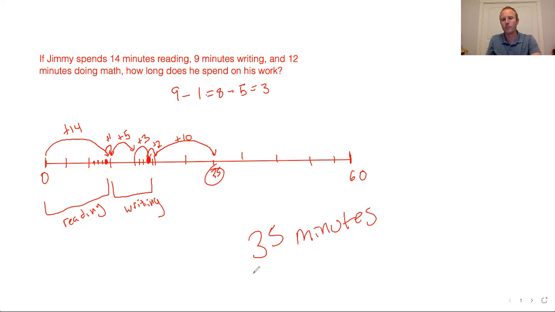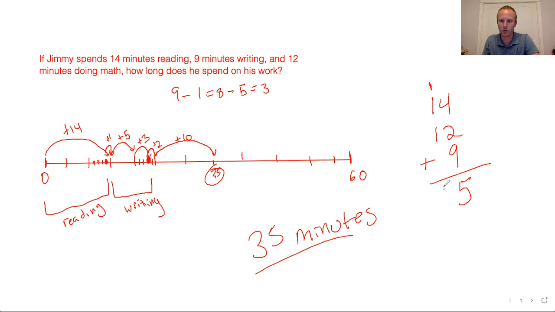That's straightforward. You could have done it this way as well: 14 plus 12 plus 9 and added those up. 4 plus 2 is 6, plus 9 more is 15. The 5 goes there for the ones, and we carry the 10 up to the tens place. 10, 20, 30, so you put a 3 in the tens place. Again, you get 35 minutes.